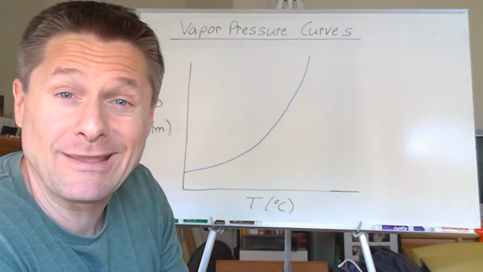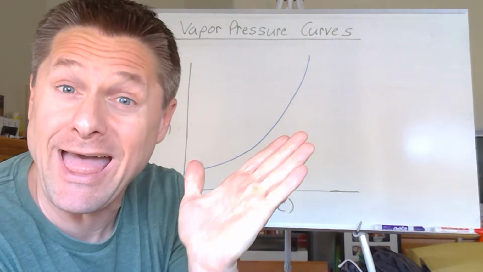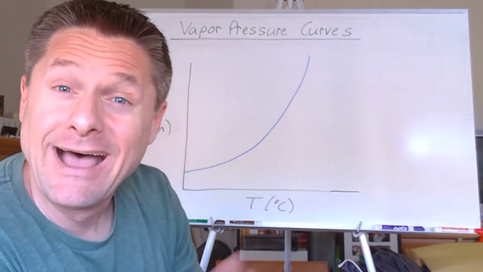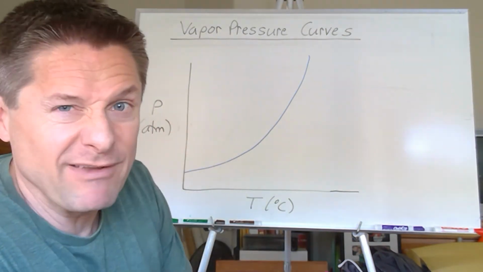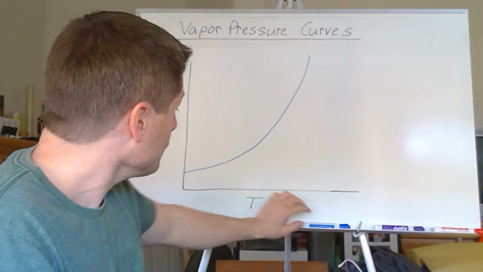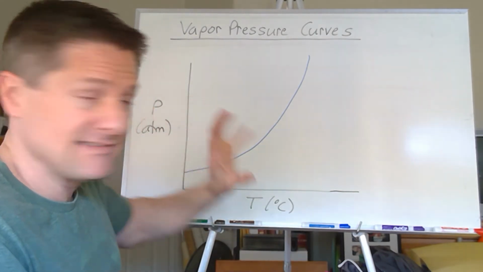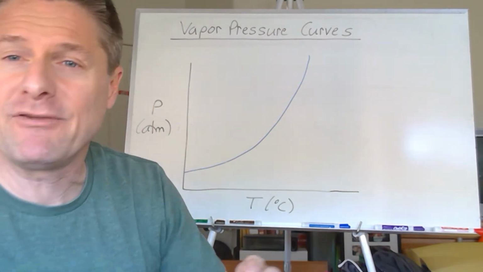Now, chemists don't like curved lines, right? We like straight lines, because then we can get a y equals mx plus b from that. Trying to get a mathematical expression for this is not pleasant. Now, if I gave you the temperature, you could just read the vapor pressure off a table.